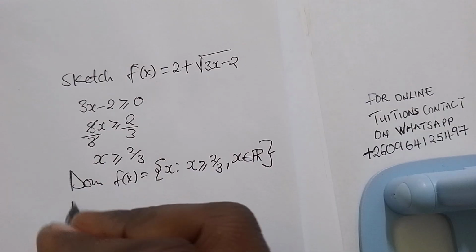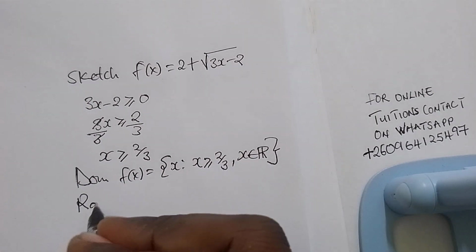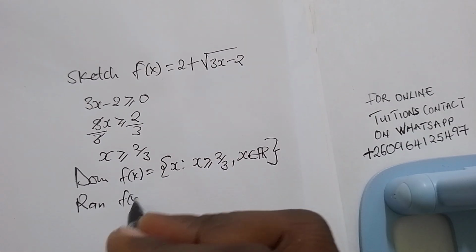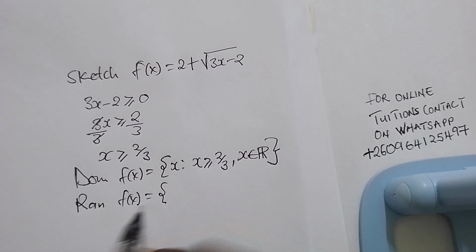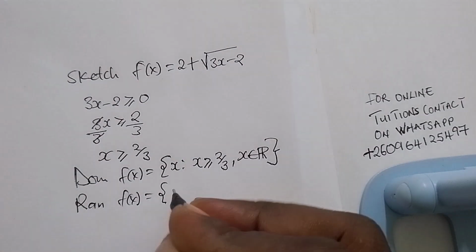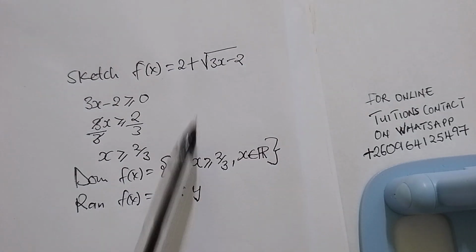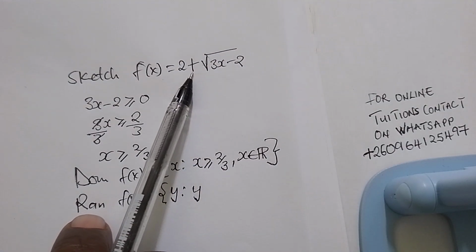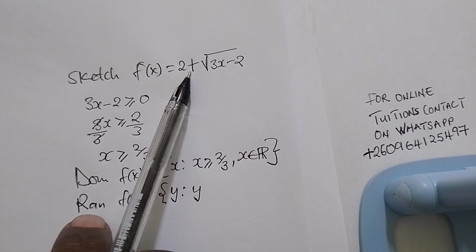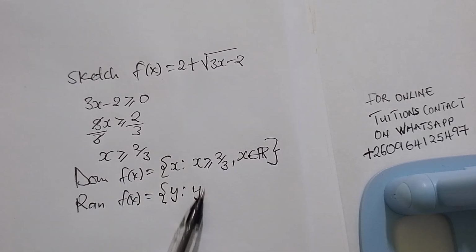Now, looking at the range, it is easy to get since we have been given this radical function. So this is y is such that y, now you look at the sign in front of the square root. If the sign there is positive, then you're supposed to write greater than. If this was negative, then it's supposed to be less than.